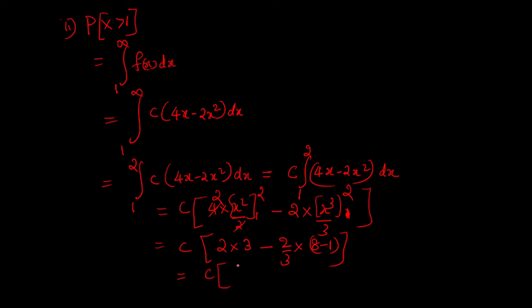Therefore, c into 6 minus 7 into 2, 14, 6 minus 14 by 3 into c.